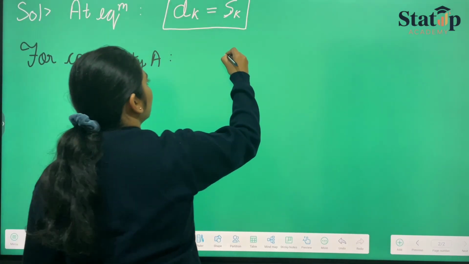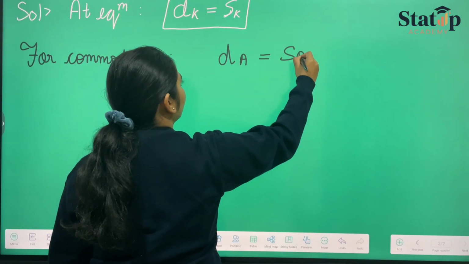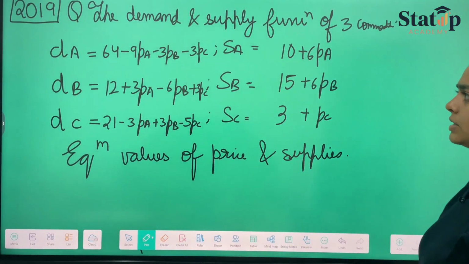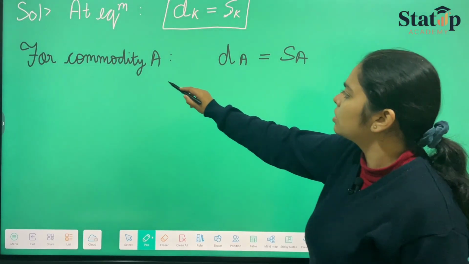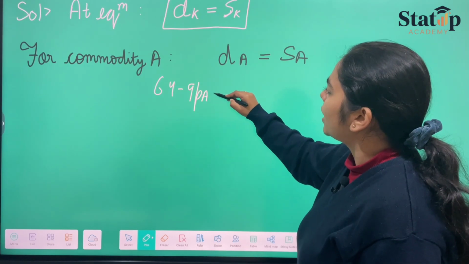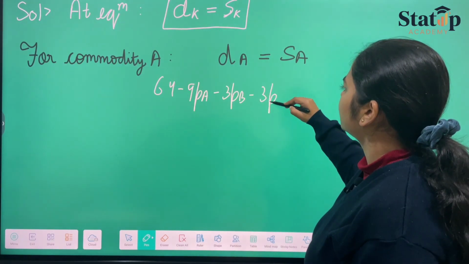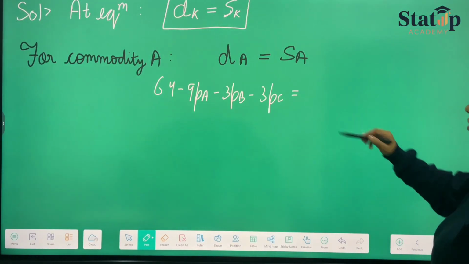So for commodity A, demand of A should be equal to supply of A. Demand of A has been given to us as 64 minus 9 PA minus 3 PB minus 3 PC, and supply is given as 10 plus 6 PA.